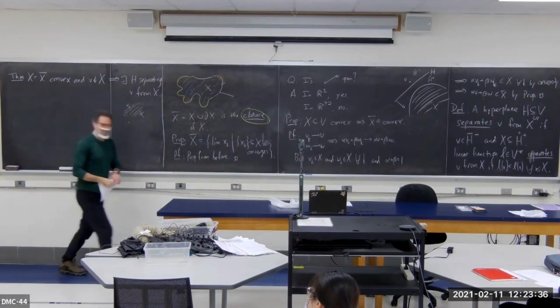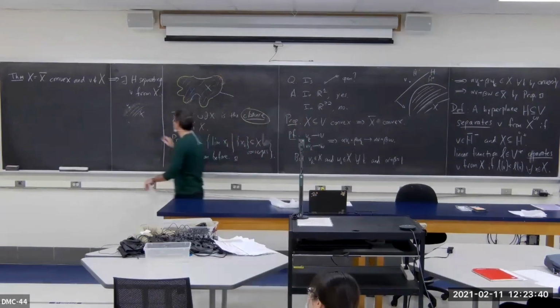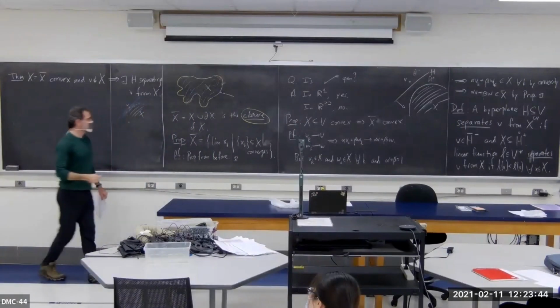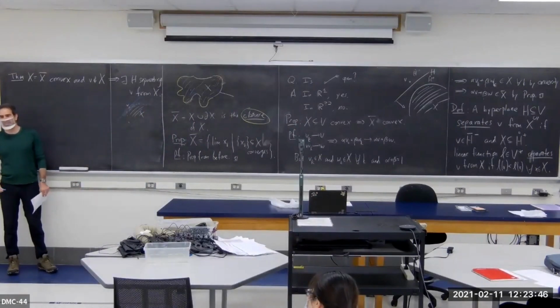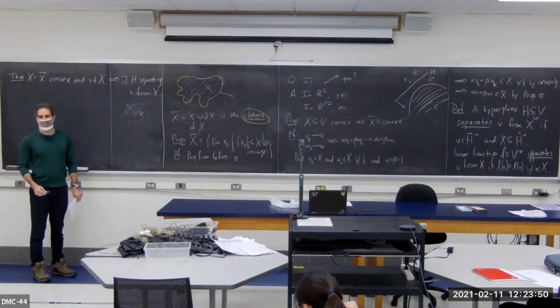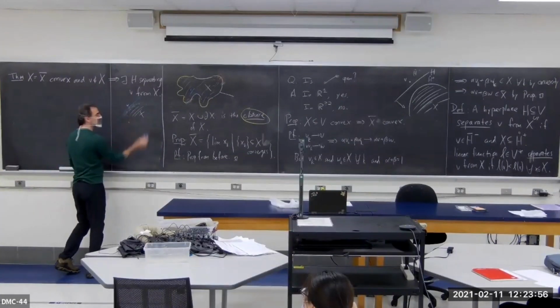Is this bad? Does that hyperplane separate V from X? V would have to be on the hyperplane, right? V is absolutely on this hyperplane.